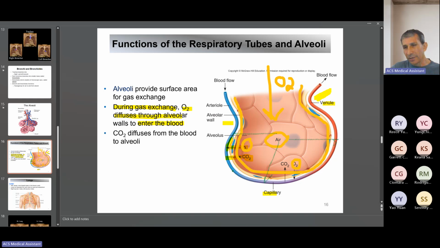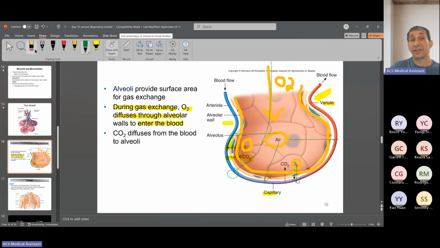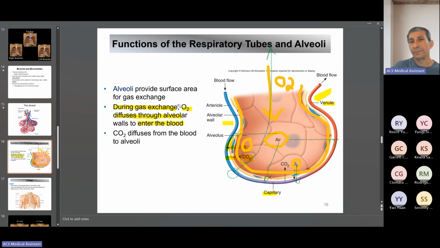And carbon dioxide that is within the blood goes right here inside the alveoli. So now when I breathe out, this carbon dioxide is going to be removed. Why is it not going to remove the oxygen? Because the oxygen went inside the blood vessels. So that is gas exchange. That's the process of gas exchange.